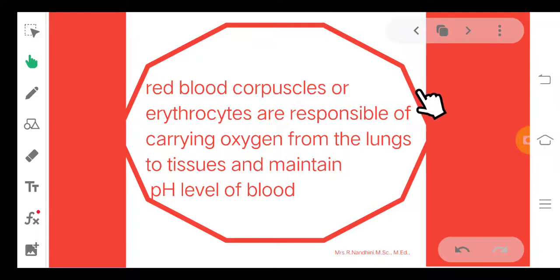Red blood corpuscles or erythrocytes are responsible for carrying oxygen from the lungs to tissues and maintaining the pH level of blood.